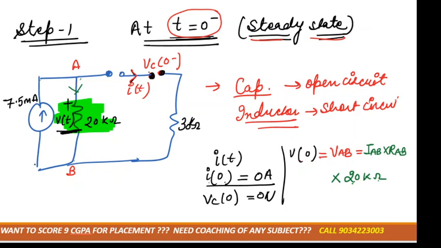According to this circuit, what is the current flowing across A and B? That is 7.5 milliampere. If we solve it, we get the value of 150 volt. Got it? Any doubt up to here?